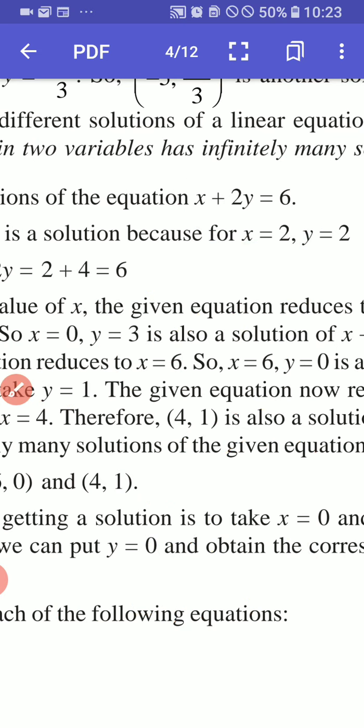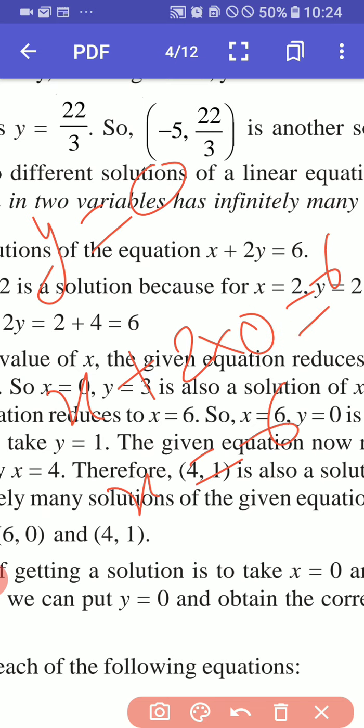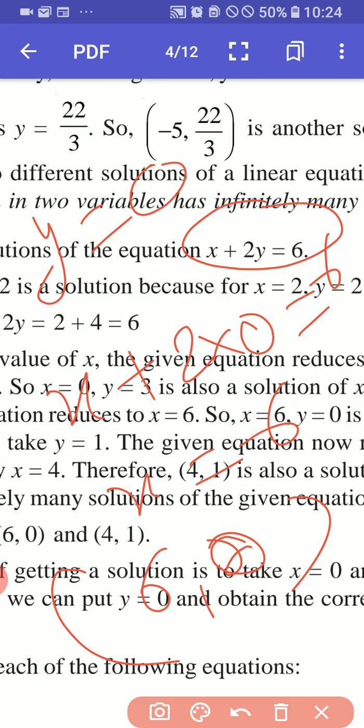In the same way, if I put y equal to 0, I get x plus 2 into 0 equal to 6, x equal to 6. Therefore 6 comma 0 is another solution of the given linear equation. Like that I can find some more solutions.